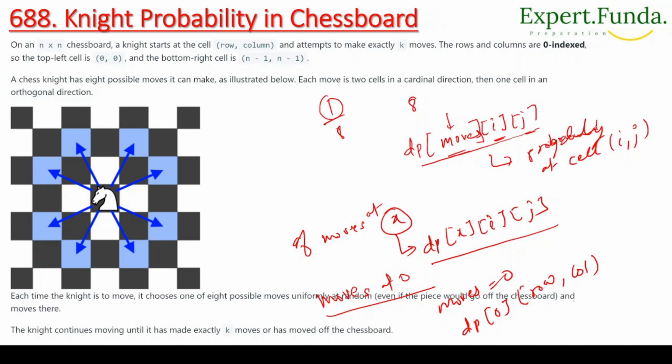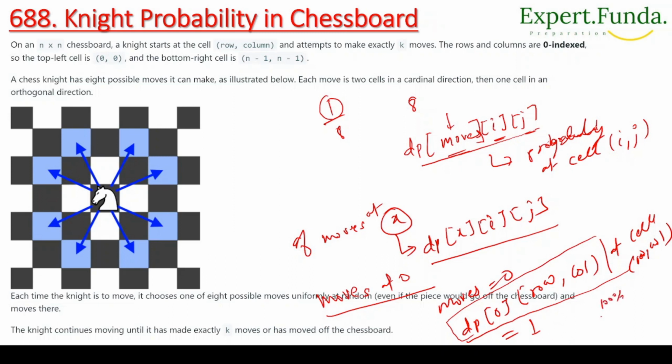Now we are talking not about i and j, but about row and column. So at row and column, this dp becomes dp at 0, row and column. This will give 1, because the probability of being at that cell is 100%.